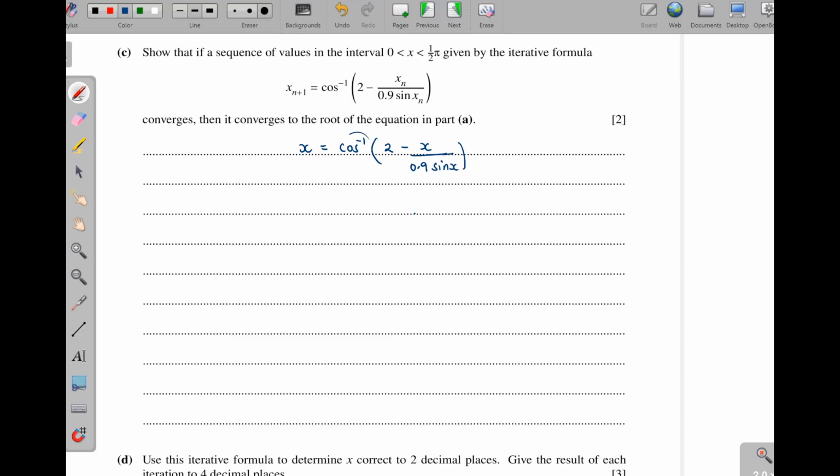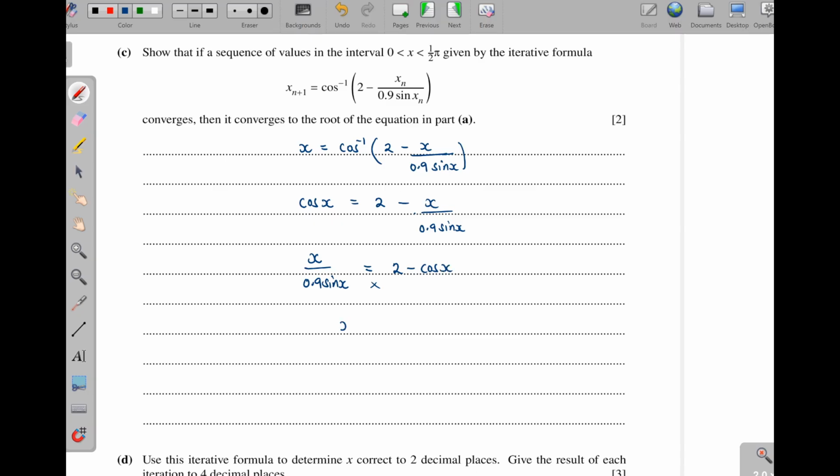Then bring this one back here. So we shall get cosine of x, which is equal to 2 minus x over 0.9 sine of x. Okay, then I can bring this one this side, then I take this one here. So we shall have x over 0.9 sine of x, which is equal to 2 minus the cosine of x.